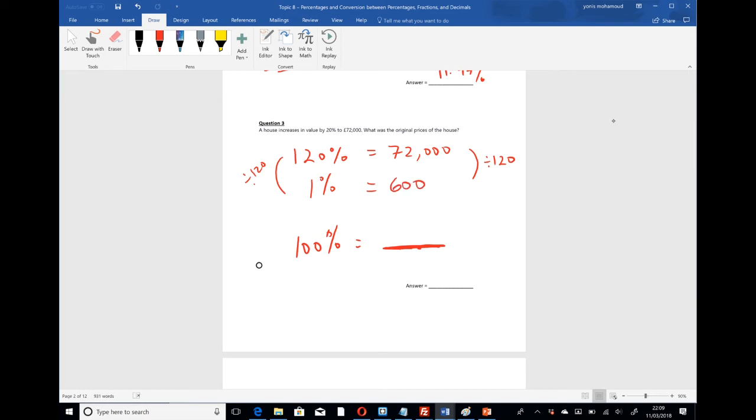Then the next step is 1 times what gives me 100? 1 times 100 gives me 100%. So what you did to this side, you have to do to the other side, times that by 100. So 600 times 100 is 60,000. So the original price of the house is £60,000.